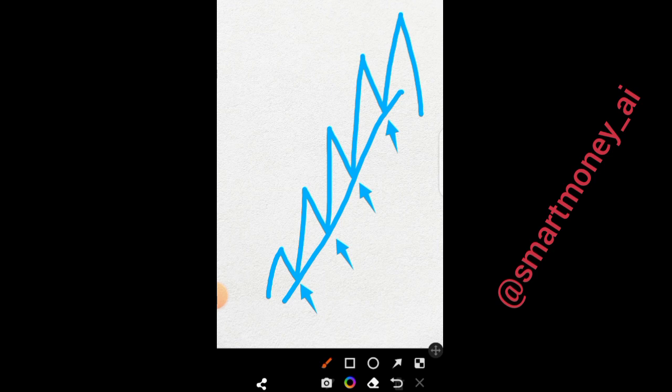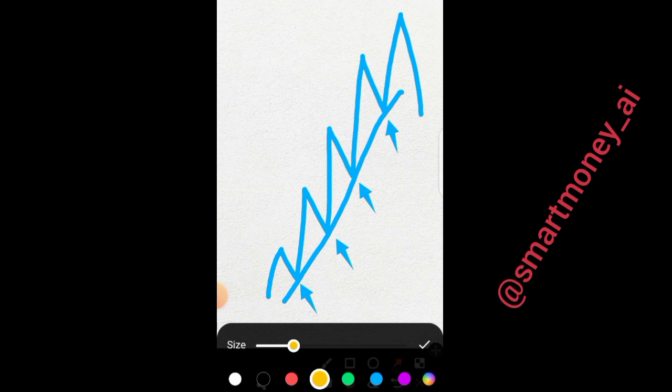What about the resistance? All these sections or zones or spots here where price was going up but decided to reverse.